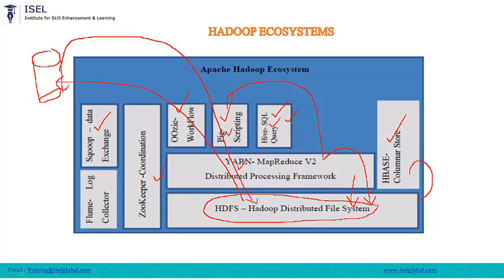So Sqoop is the ecosystem component using which you can import and export data back and forth to your RDBMS-related database. Sqoop is mostly, 99%, going to deal with structured data, because whenever you deal with your RDBMS, the data is already organized.